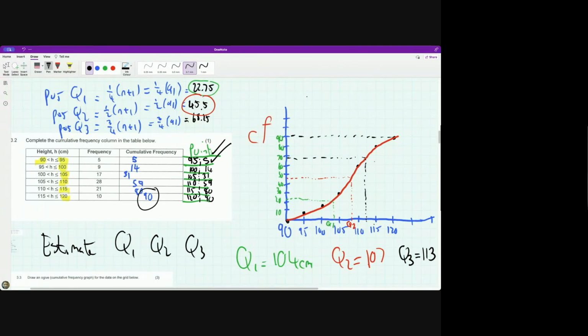Okay, now, next thing, what is the estimate of my interquartile range for this ogive?